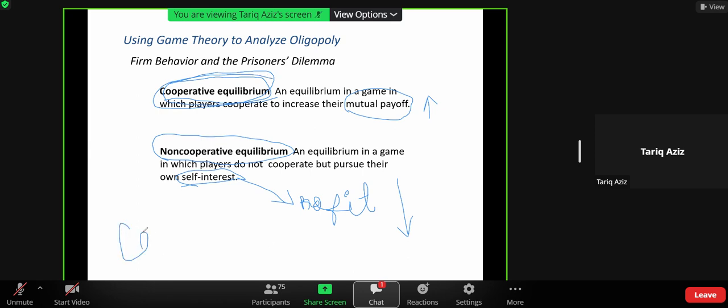For example, cartel, this is the word. There are government bodies that keep monitoring this situation also, so that in any particular industry cartels should not be developed.